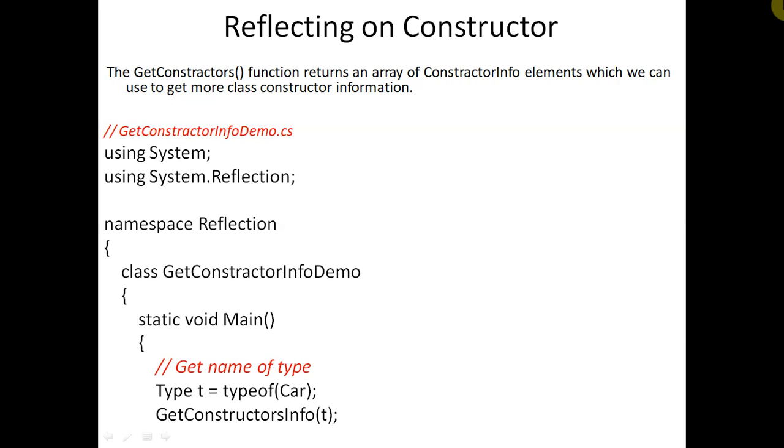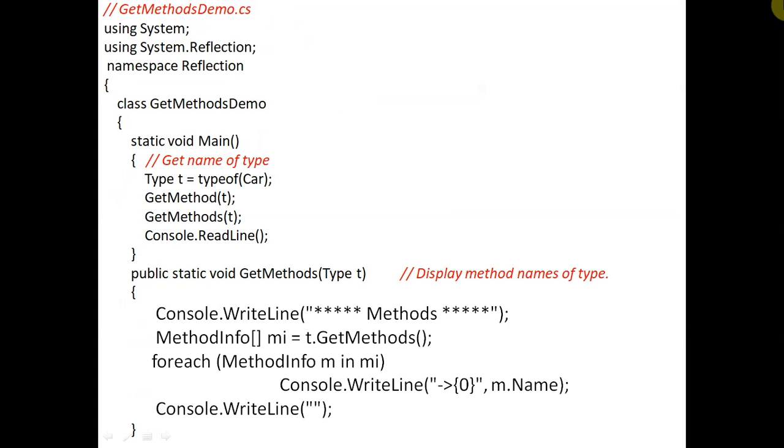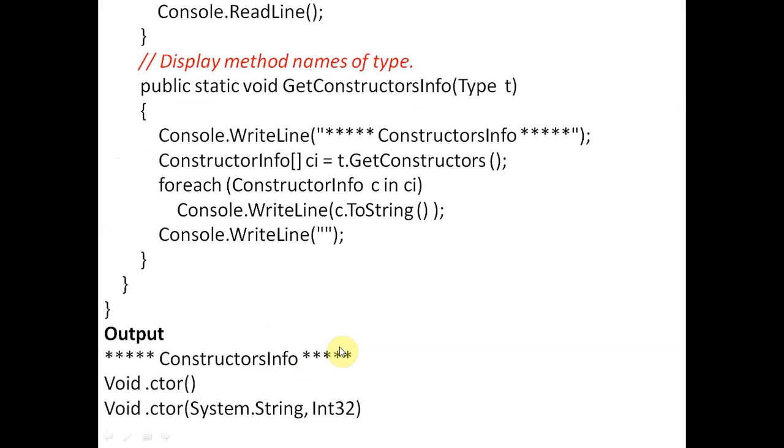Here we will use ConstructorInfo in place of MemberInfo. You can see in this program we were using MemberInfo, and the same way we will use ConstructorInfo, which is a predefined class.